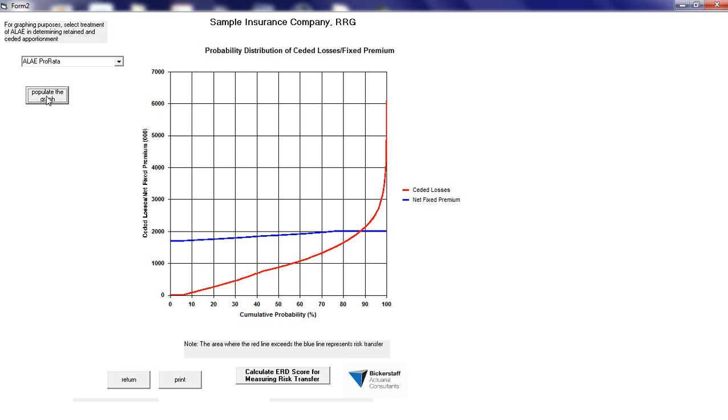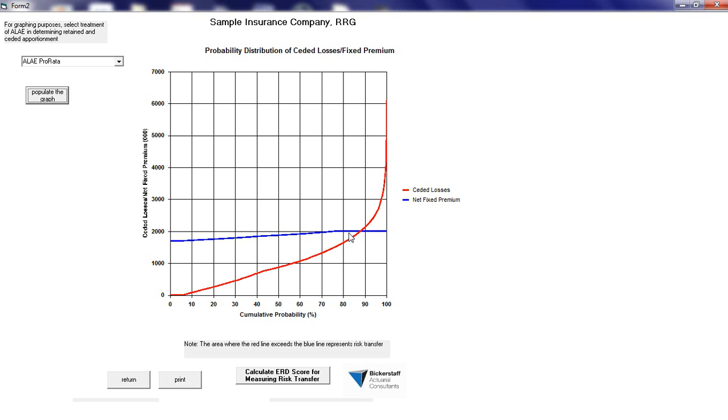So what we've got now is a red line, which represents the probability distribution of ceded losses, and then the blue line represents the net fixed premium.